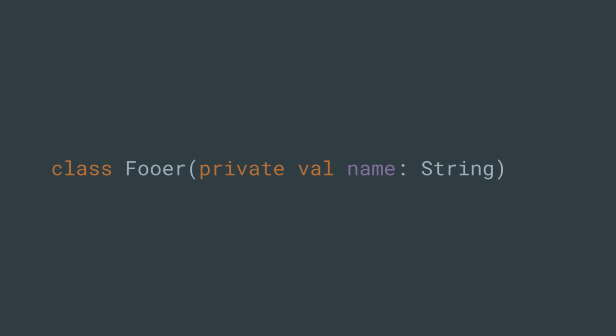But Kotlin actually gives you a nicer syntax for this. It allows you to at the same time declare the parameters of the constructor of your class and the properties of your class. What this says is that your class has a private property called name that can only be accessed from within the class, and it's required on the primary constructor.